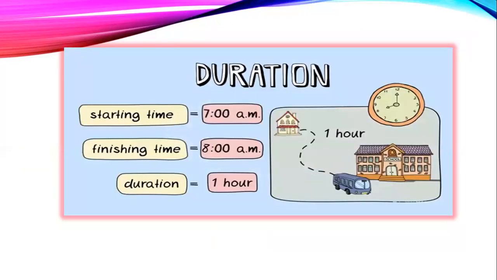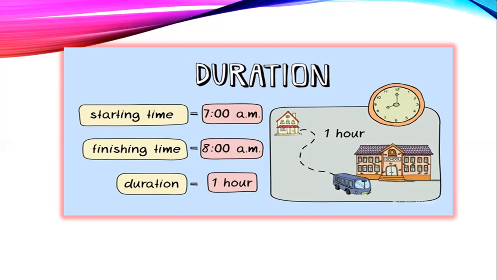Moving on to our next subtopic, duration. Duration is the difference between the starting and the ending time of a particular activity. You can see in this picture that the bus started at 7 AM and reached the school at 8 AM.